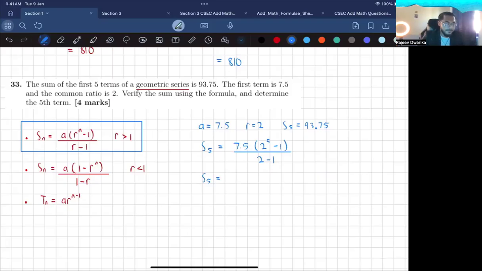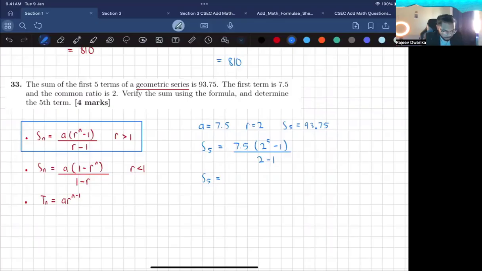I was doing it and I didn't get back the same thing. I get 232.5. Let me check. Okay, I'm getting 232.5 as well.